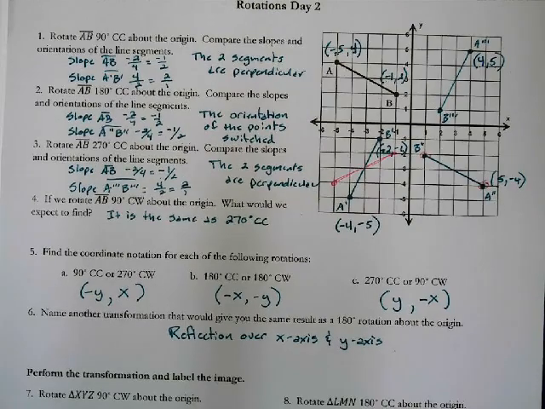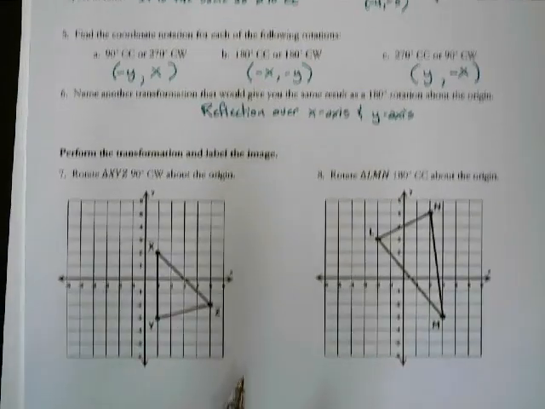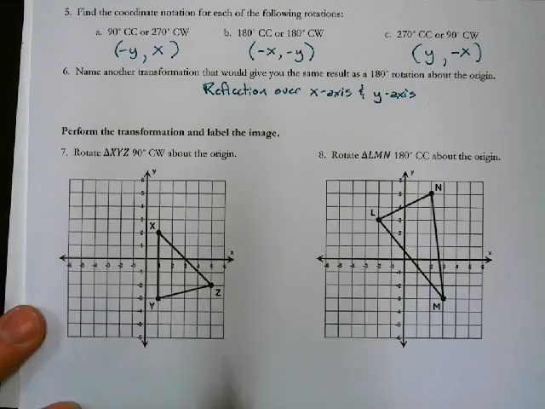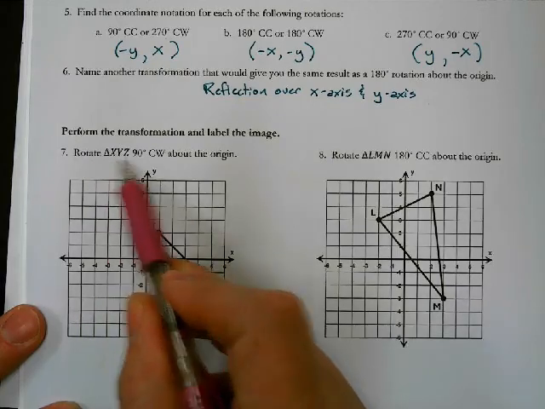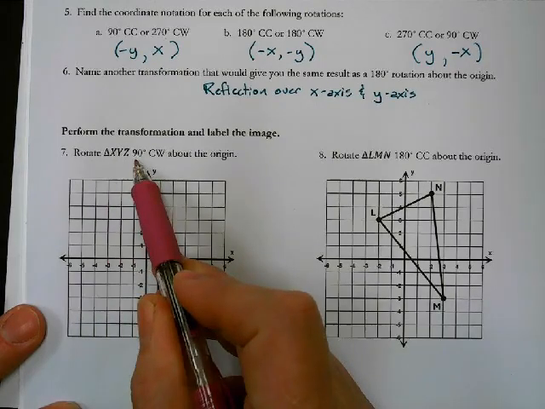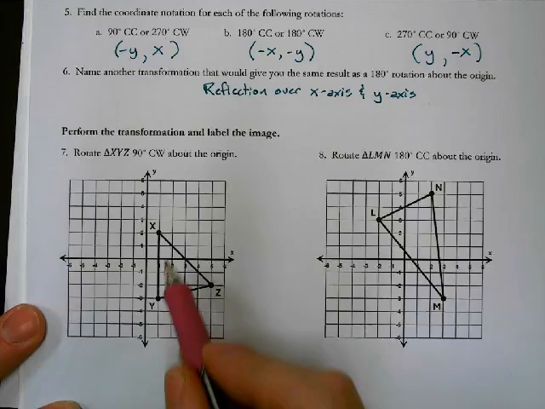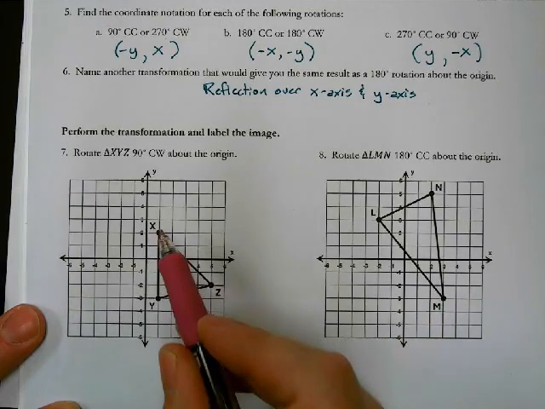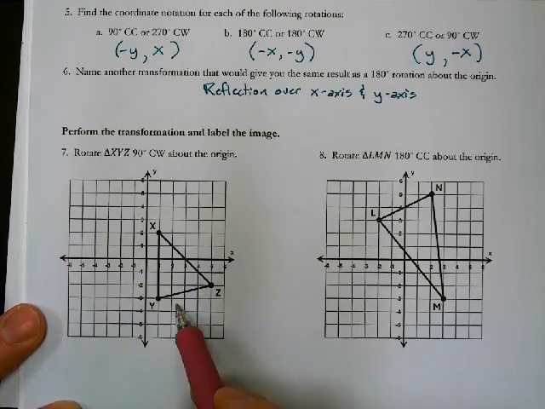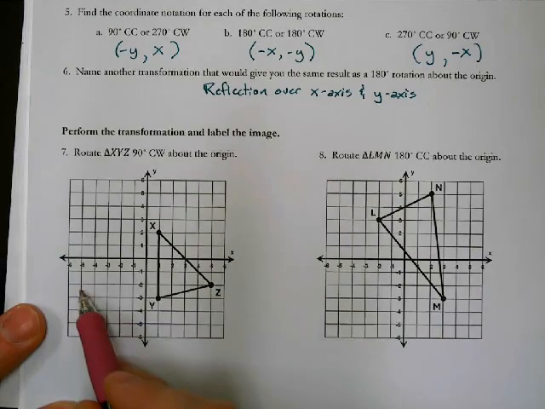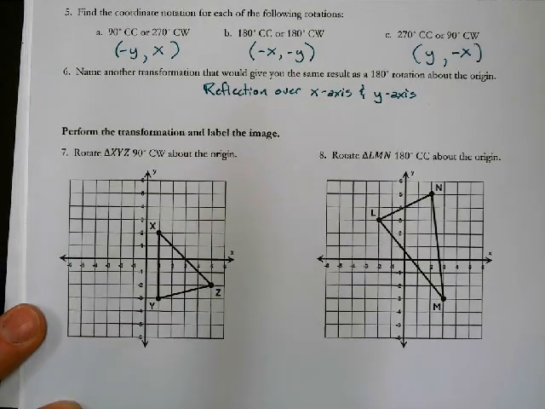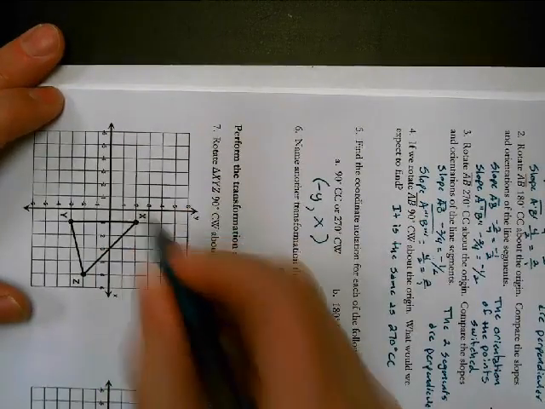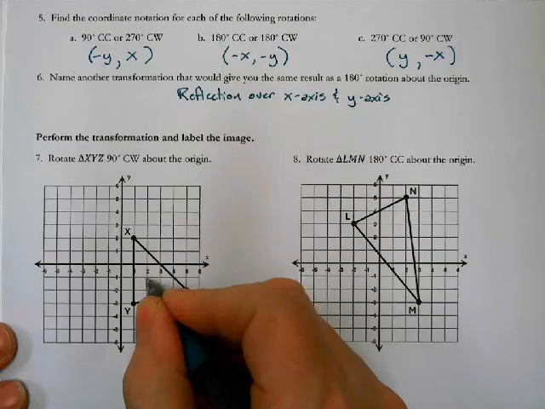All right, last two problems. For this one, we want to rotate triangle XYZ 90 degrees clockwise about the origin. So we're going to go 90 degrees clockwise. That means X is going to show up in this quadrant. Y and Z will show up in this quadrant over here. Okay, so spin it. X should be at 2, negative 1. So here's where X should show up, or X prime.